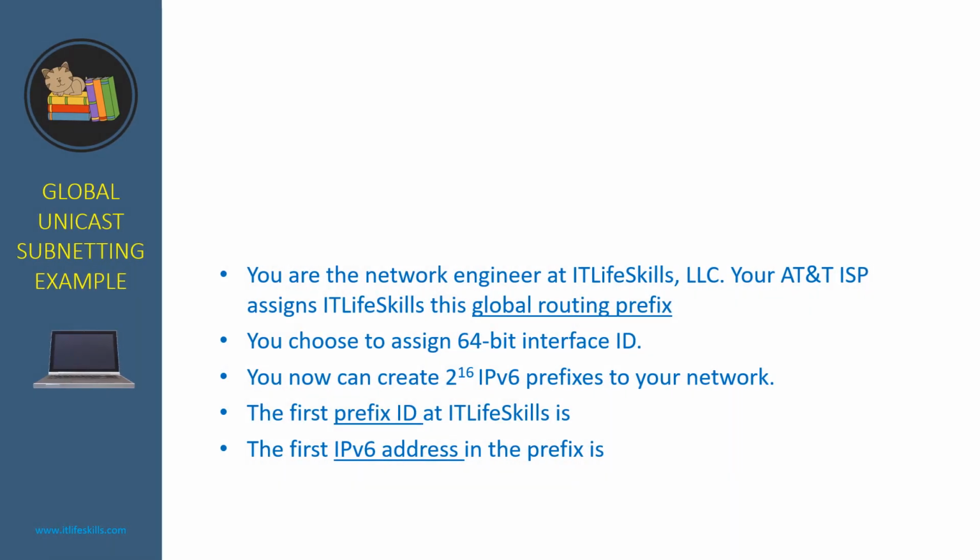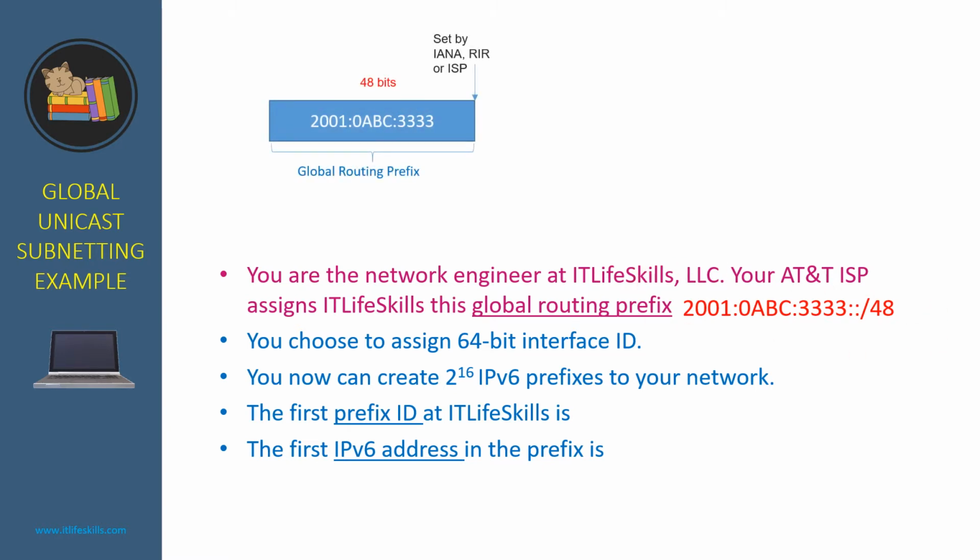Let's perform subnetting of IPv6 global unicast for IT Life Skills. In this example, you are the network engineer at IT Life Skills. Your AT&T ISP assigns IT Life Skills this global routing prefix. By following the best practice, you choose to assign a 64-bit interface ID.